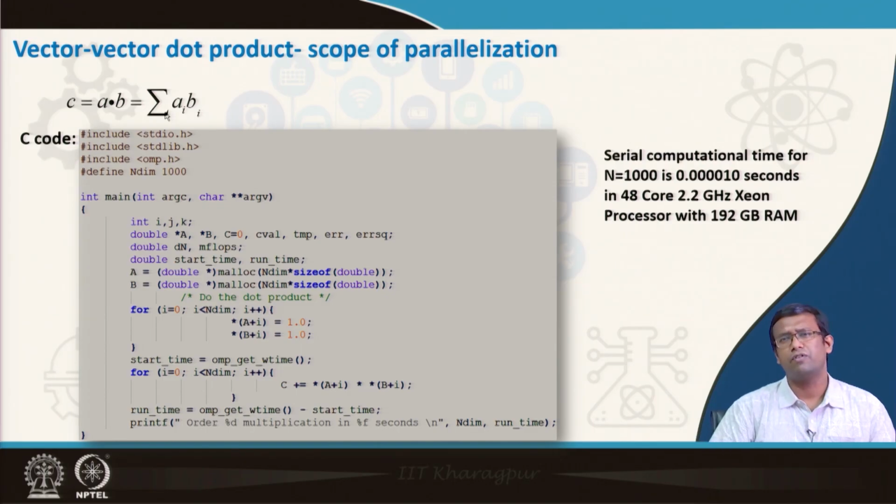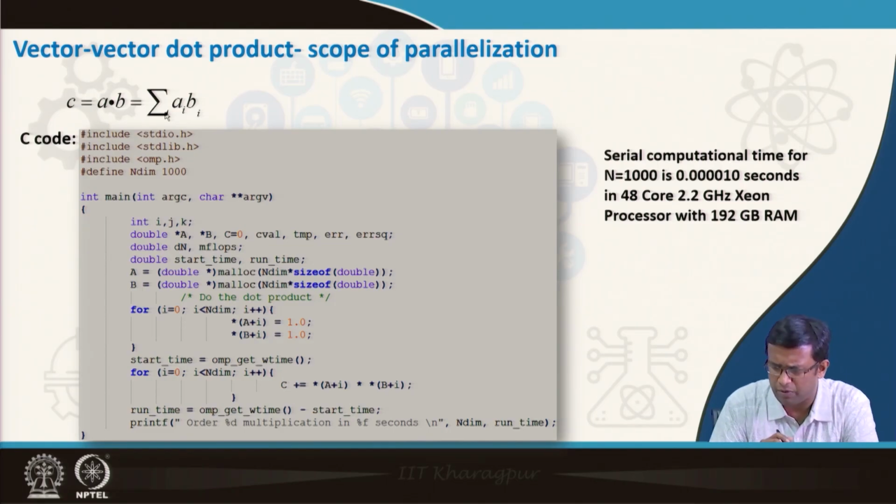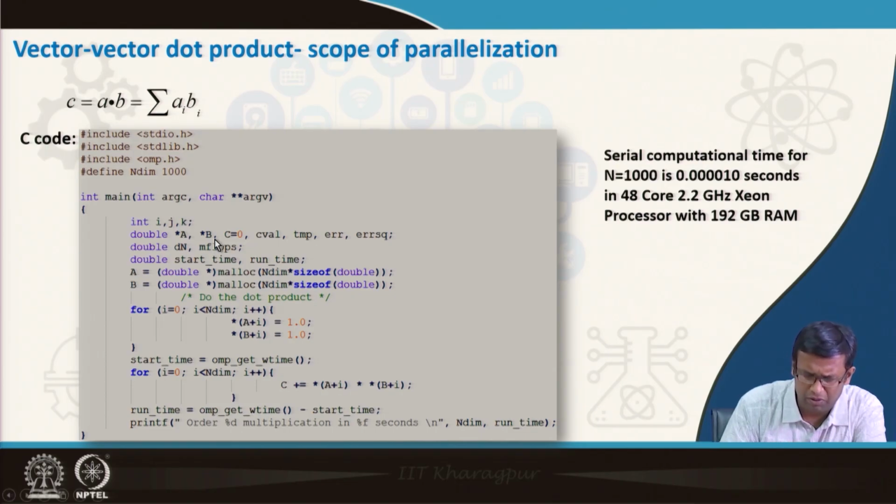But in case you have a vector of very large dimension, you may like to parallelize this. So we will look into the sequential program. See here, the dimension is given as 1000, so two vectors of size 1000 are declared and initialized to 1, and then the dot product is computed over each of the vector elements.